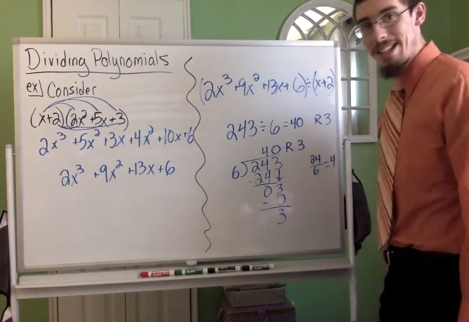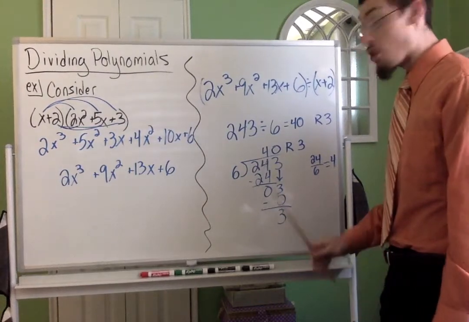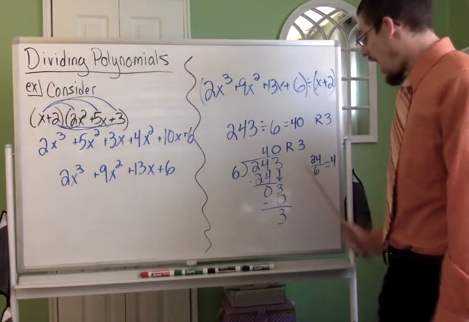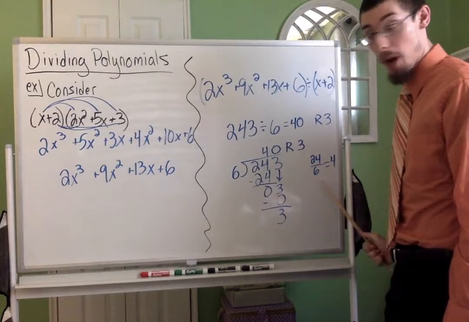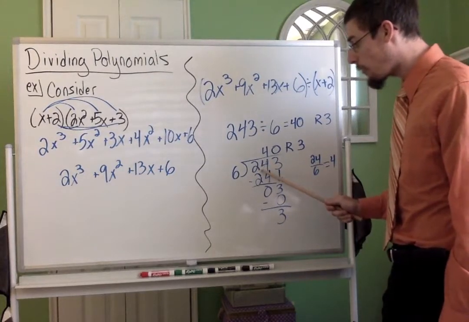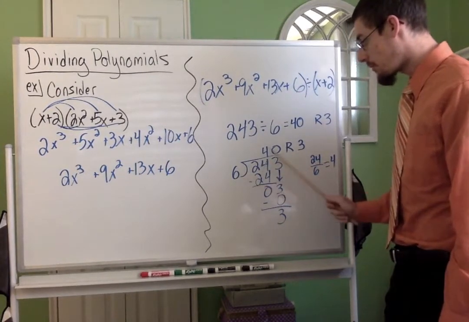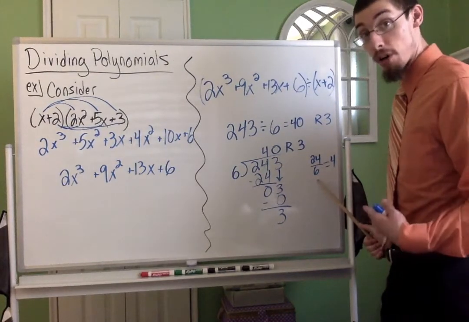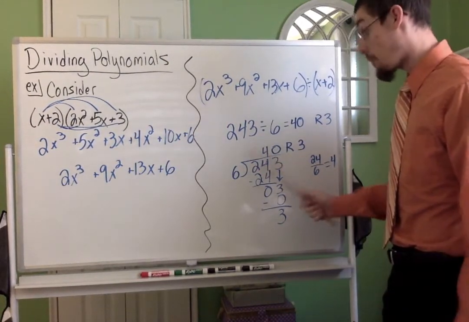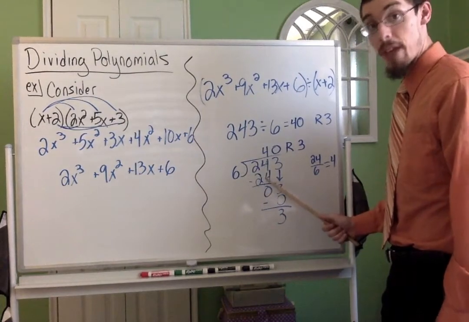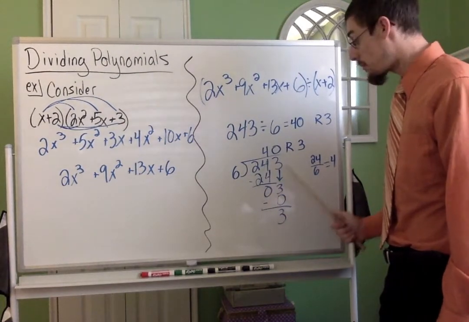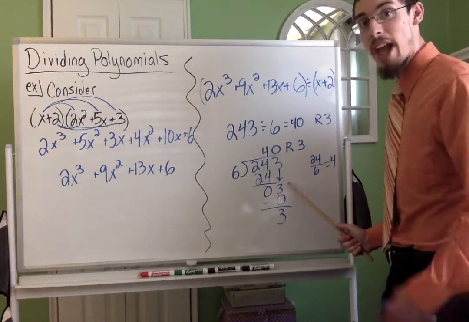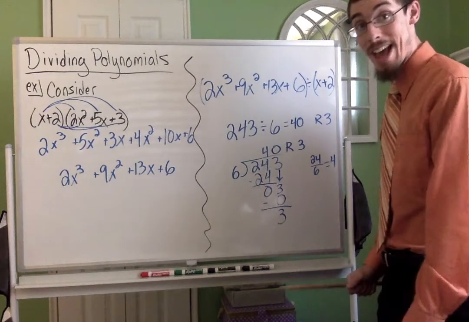So the idea of long division, notice kind of what I'm doing. I divide parts of the problem, right? I only did the 24 and the 6. That got me 4. So after you divide part of it, you then multiply and then subtract. Bring down the next one and go through the whole process again.